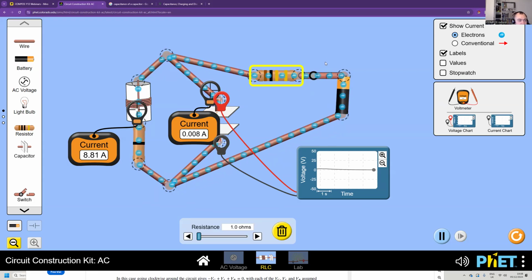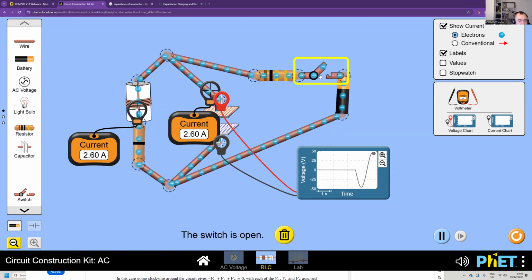Okay, it's something like this. You can see that the maximum voltage is well above the EMF of the battery, which is 9, and the voltage is about 48.